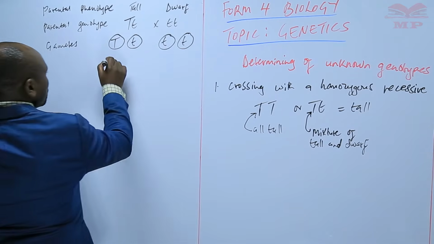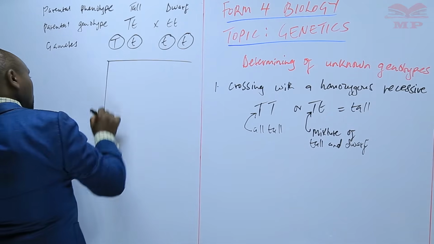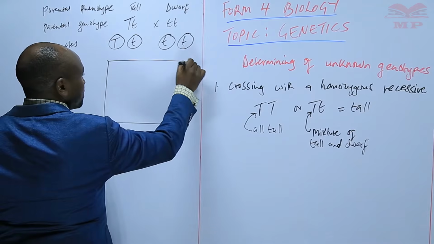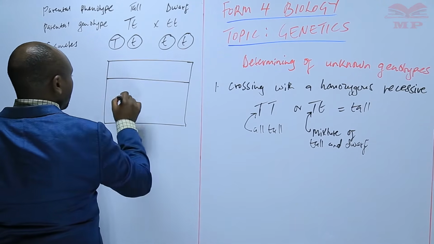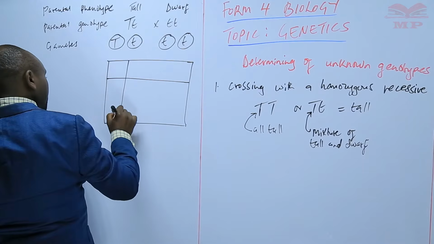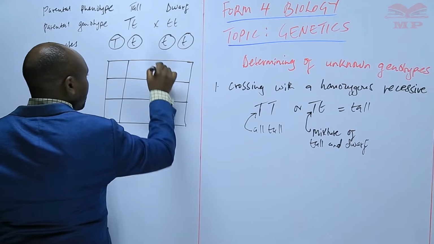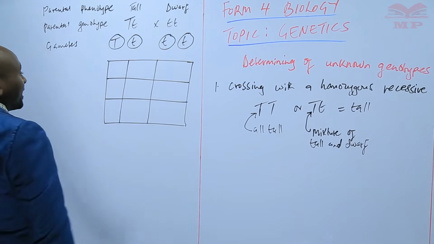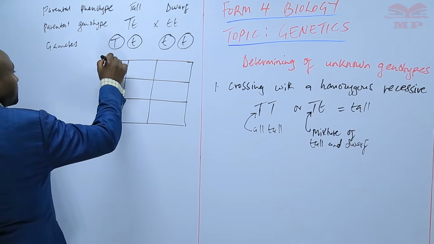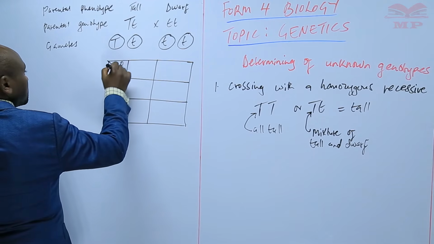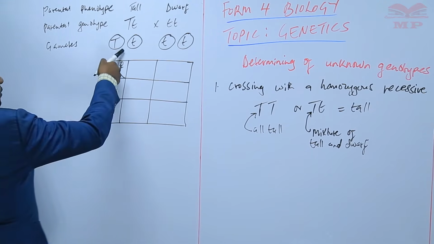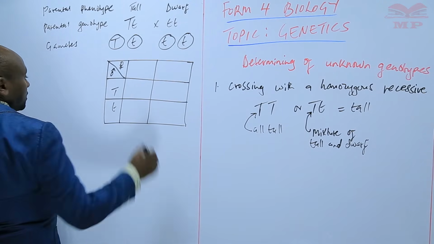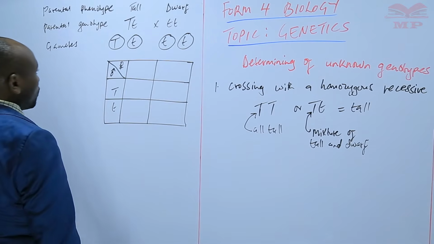Then again, we can also use the Punnett square or the checkerboard. So here we have tall, small t, that is tall dwarf.